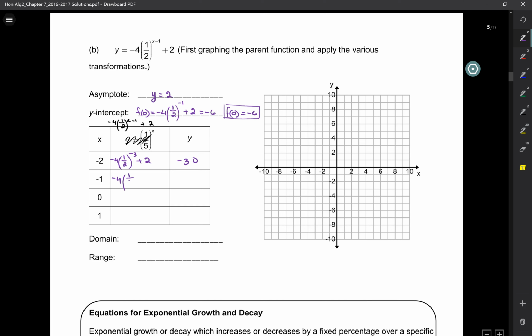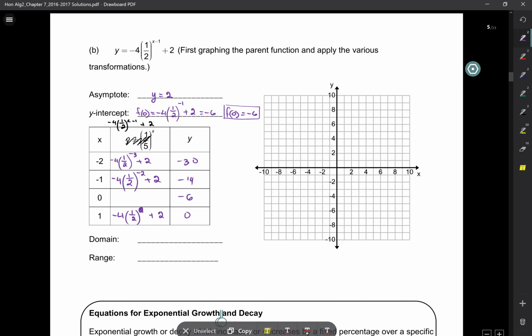-4 times 1/2 to the minus 1 minus 1 is -2, plus 2. So -4 times 4, -16, plus 2 is negative 14. Okay, and at 0 we already got negative 6, and here, negative 4 times 1/2 to the 0, plus 2, so that's negative 2, right?